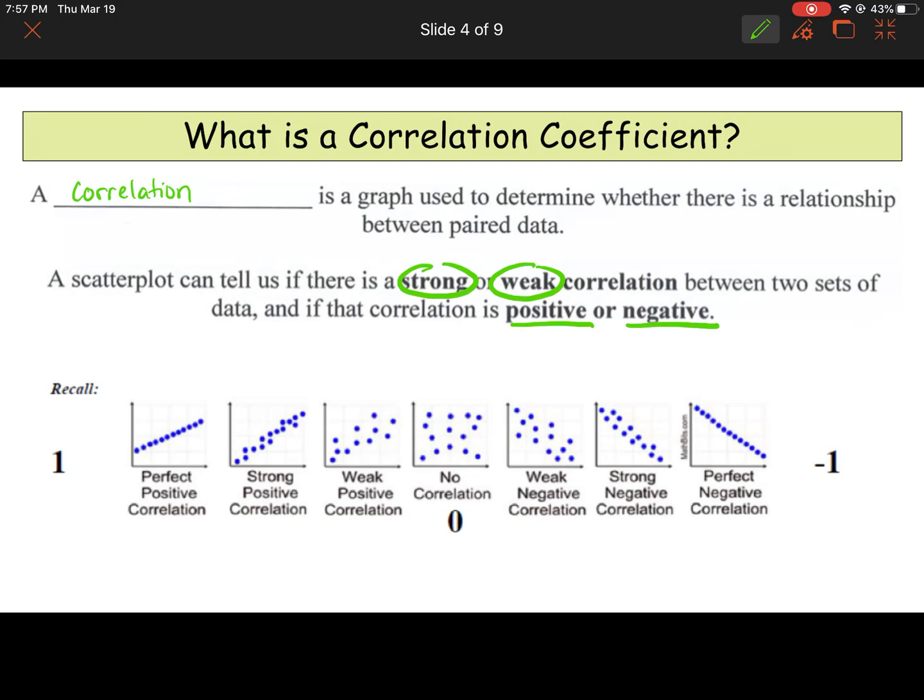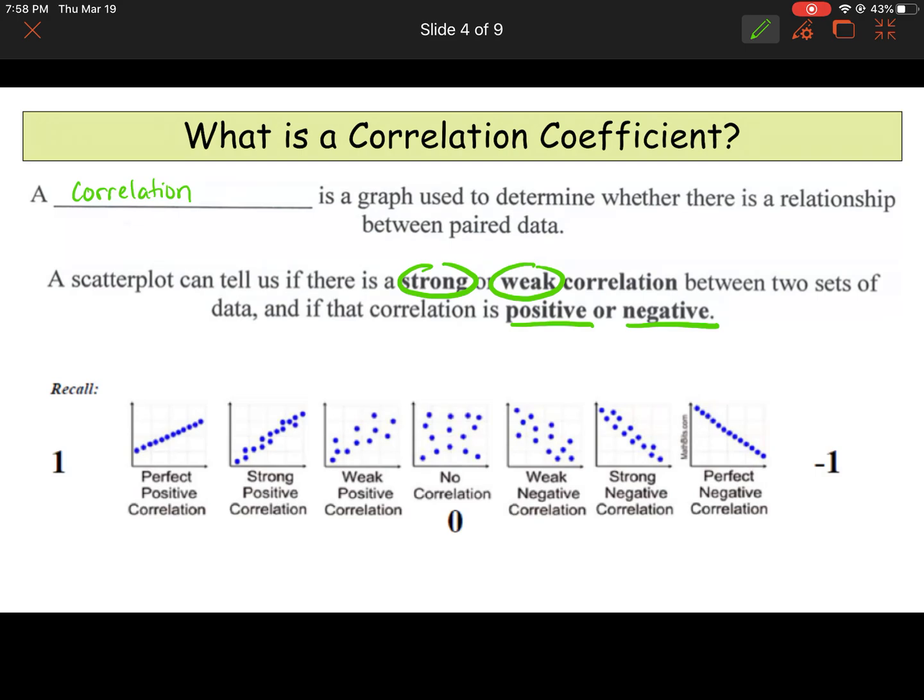So if I look at the charts on the bottom, the correlation coefficient is just a number. That's going to tell us whether it's strong or weak and whether it's positive or negative.